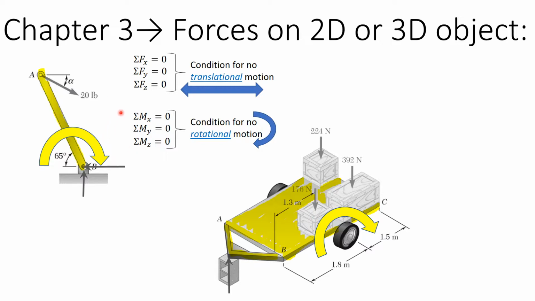And the moments are going to describe rotating around the x-axis, the y-axis, the z-axis, or some combination of it. The moment is a vector that describes the axis that it is rotating around. So force is a vector that describes the direction of the force. Moment is a vector that describes the axis it's trying to rotate around.